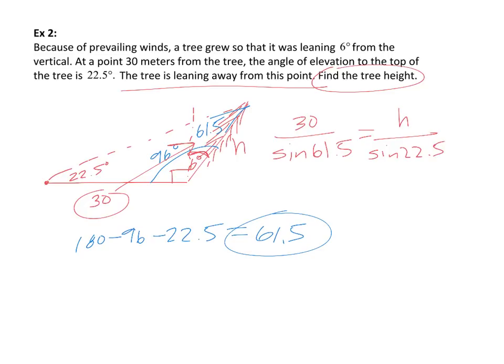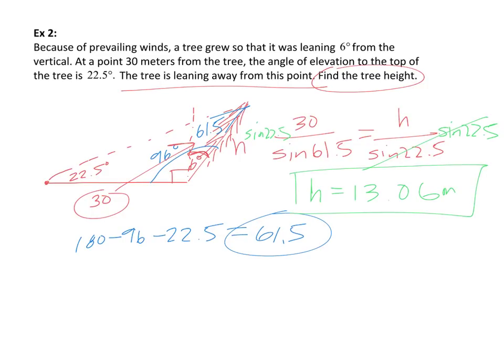Now I multiply by sine of 22.5 on both sides, and I can get h, which is 13.06 meters. Pretty simple stuff once you get the hang of it. On to the next example.